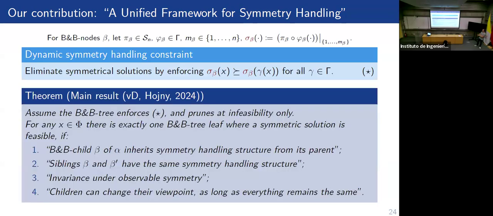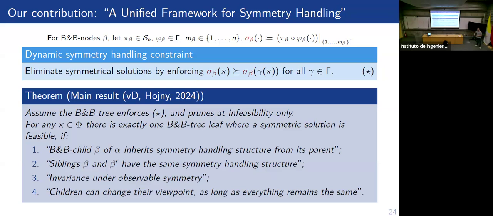So what are the conditions that we have? I will read out the main result. Assume that we have a branch and bound that enforces this symmetry handling constraint over here and proves infeasibility only, which is more of a technical assumption. For any feasible solution, there is exactly one leaf of the branch and bound tree where a symmetric solution is feasible, if these four conditions hold.